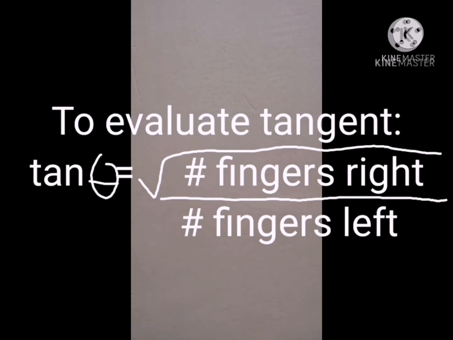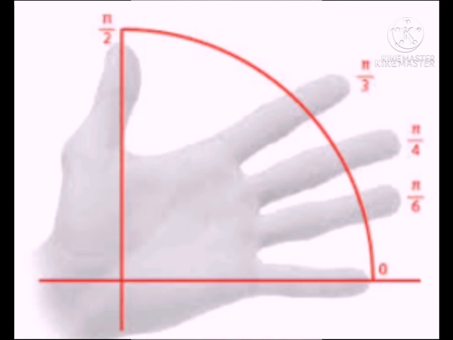So, yung mga matitira naman na fingers sa right, yun yung kukunin natin. And lastly, to evaluate tangent, we have tan theta is equals to square root, number fingers right, over square root, number fingers left. Label the hand 0, pi over 6, pi over 4, pi over 3, and pi over 2.